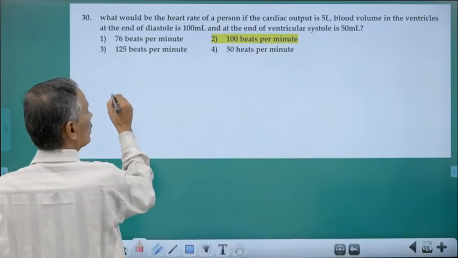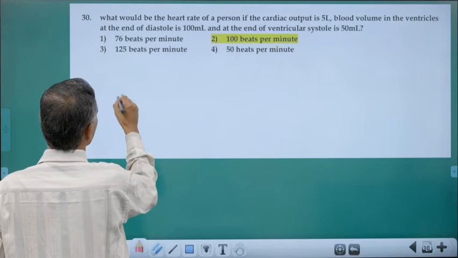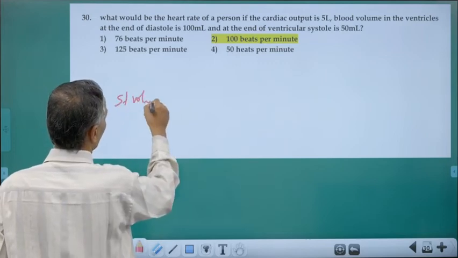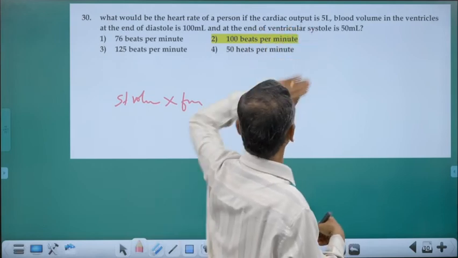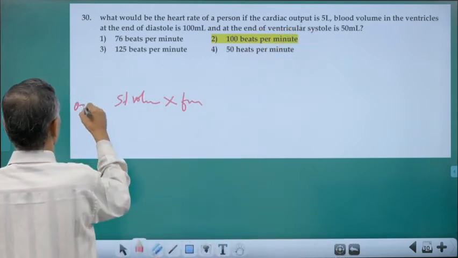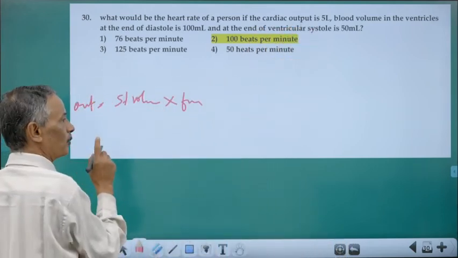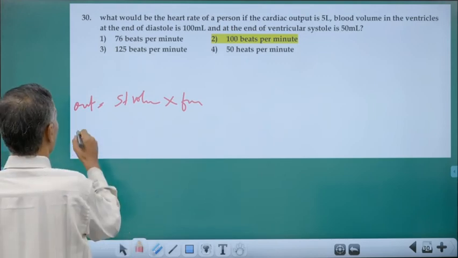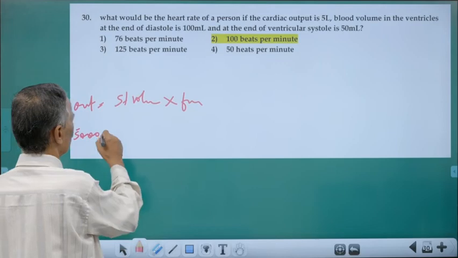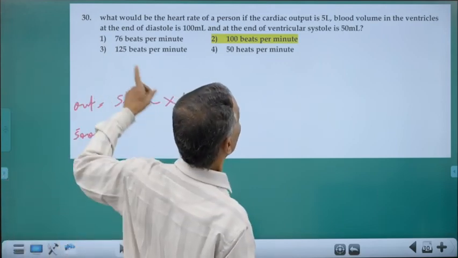It is stroke volume into frequency. Here, cardiac output is the amount of blood pumped in 1 minute from one ventricle. This is 5 liter. That's almost normal blood volume.